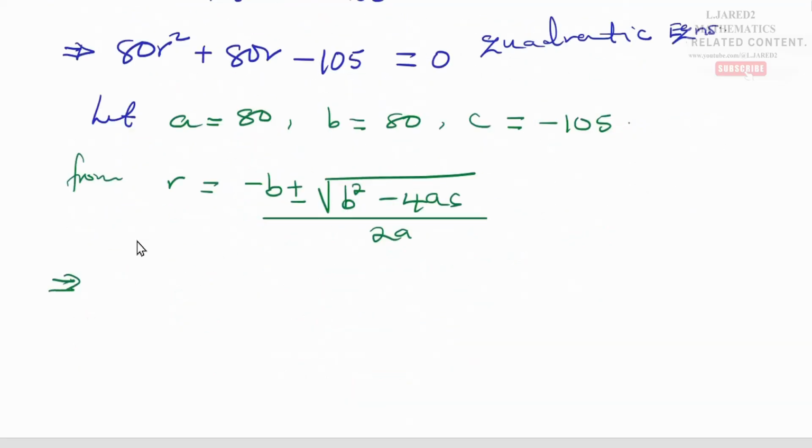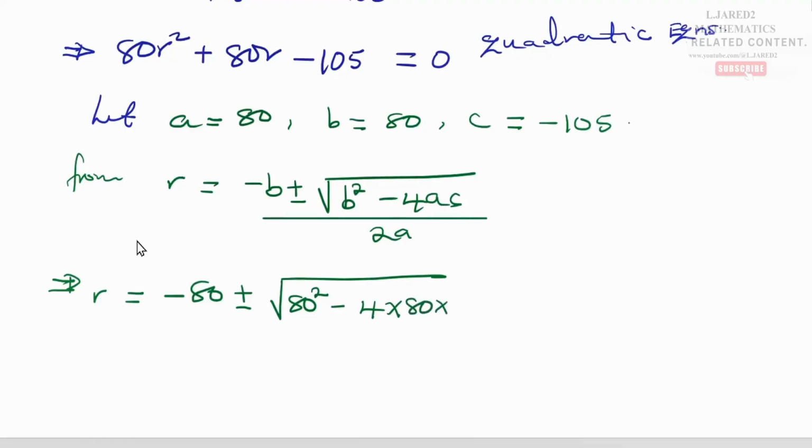It implies that our R is going to be equal to, our B is 80, so we have negative 80 plus or minus the square root of B, which is 80 squared, minus 4 multiplied by A, which is 80, multiplied by C, which is negative 105. The whole of it divided by 2 multiplied by the value of A, which is 80.